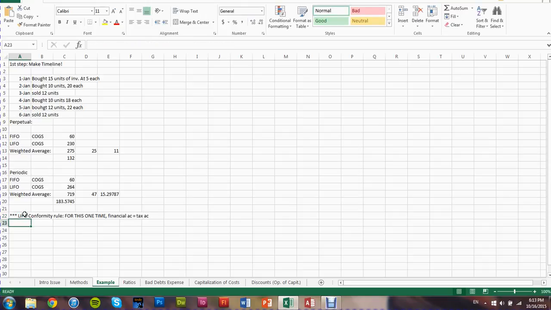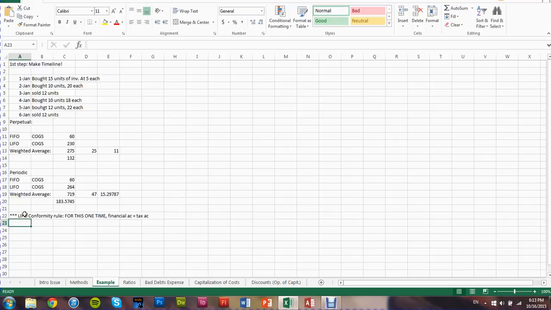So if you use last in, first out for tax accounting, you have to use it for financial accounting. That's all it is. It's the one little rule, doesn't make much sense, but that's what the regulators came up with because they thought for whatever reason it was unfair to be able to switch, when you're allowed to do it in literally every other aspect of accounting.